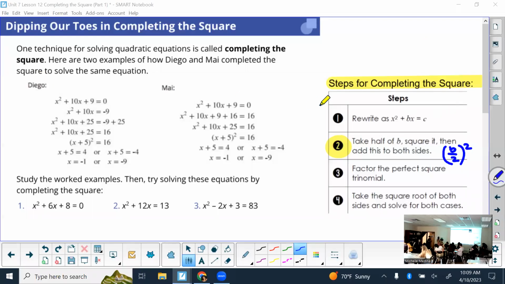Following these steps to a T. I don't really know how she knew to pick 16, I don't really know what she did, so I'm just going to say follow these steps, which is what Diego did. So first step is to rewrite it as ax squared plus bx equals c.